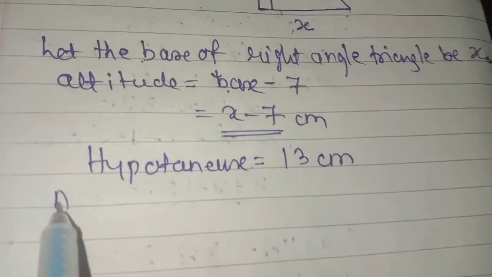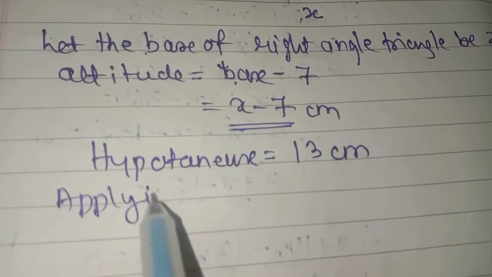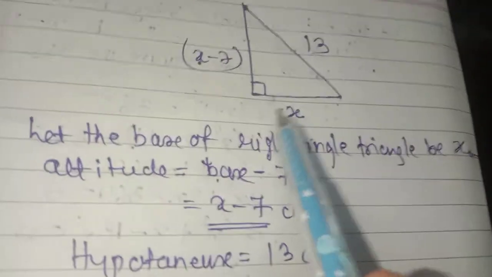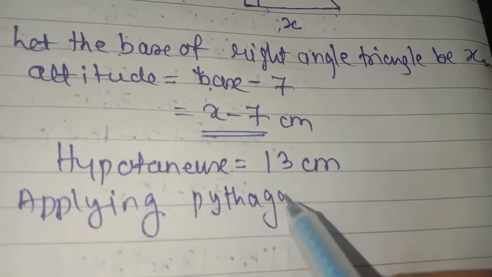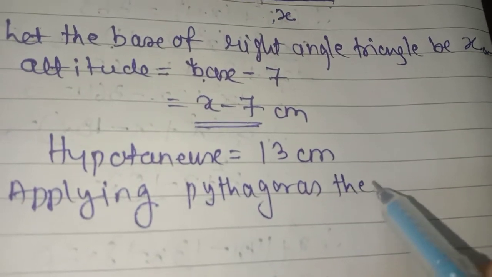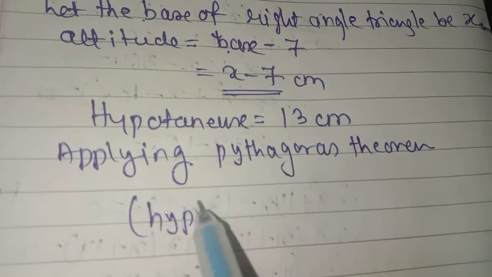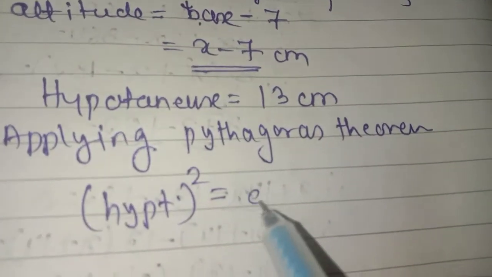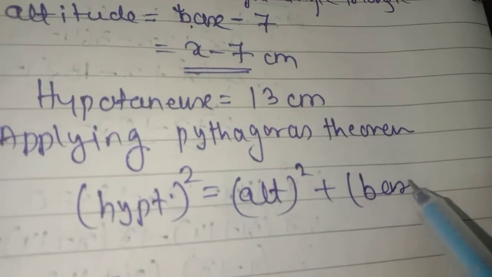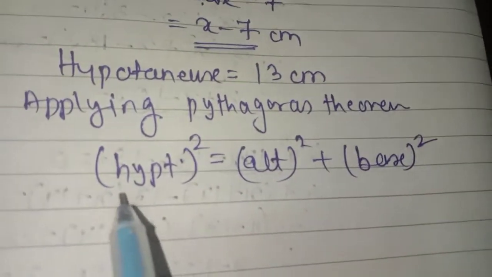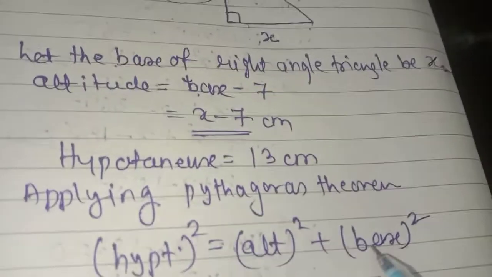So applying the Pythagoras theorem, no need to write triangle ABC or anything, just mention the values and directly apply the Pythagoras theorem. What is the Pythagoras theorem? We know the square of the hypotenuse is equal to the sum of the squares of its two adjacent sides. This way at least you will come to know about the Pythagoras theorem also.